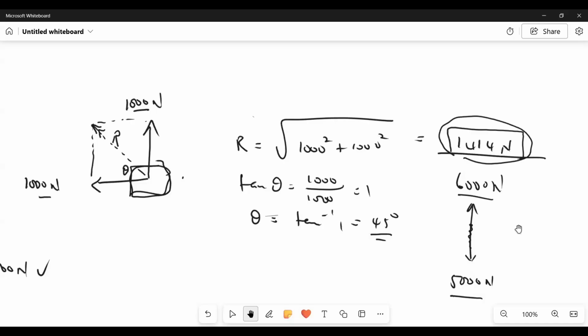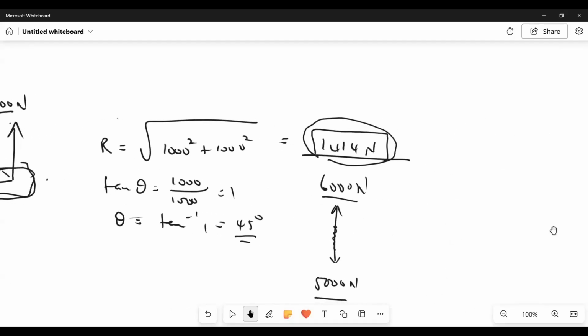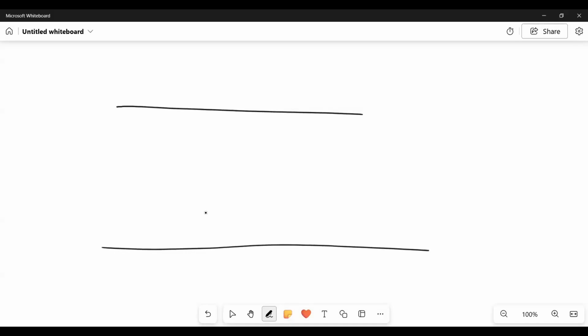When we're talking about vectors, we're not only limiting ourselves to forces. We can also be talking about velocities. Let's take another situation. We have the bridge now, but long ago, this is the river.